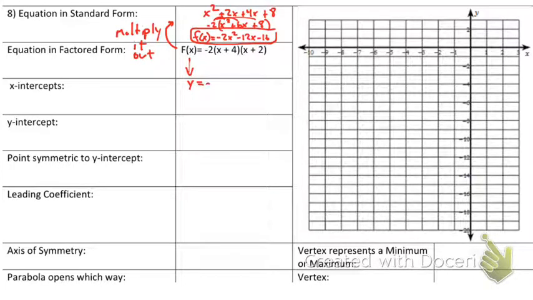We could replace f of x with y. Our goal is to solve for x. To solve for x, or find your x-intercepts, we're going to put y equal to 0. So if you look, my y is here. I'm going to replace it with 0.